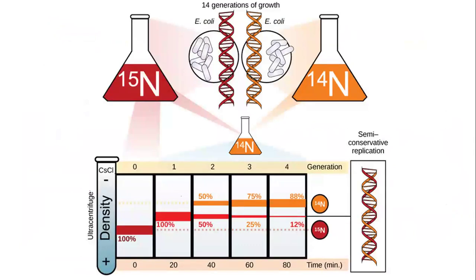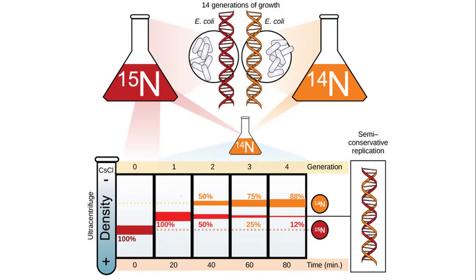Recall the fact that the bases in DNA, the nucleic acid, are nitrogenous in nature. That is why what they did was to grow E. coli in two different cultures, one culture having nitrogen 15, the other culture having nitrogen 14.